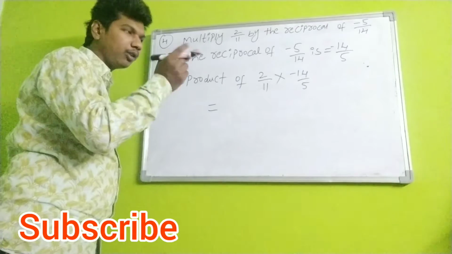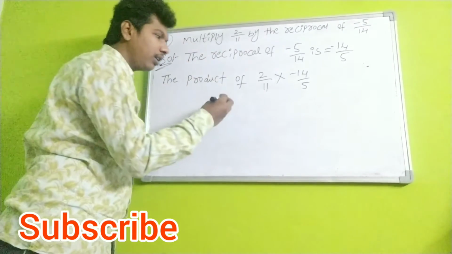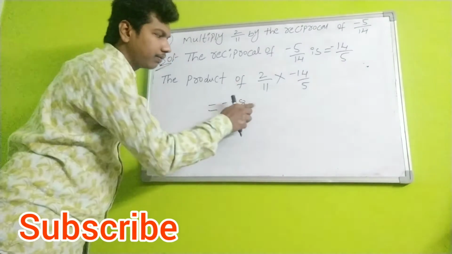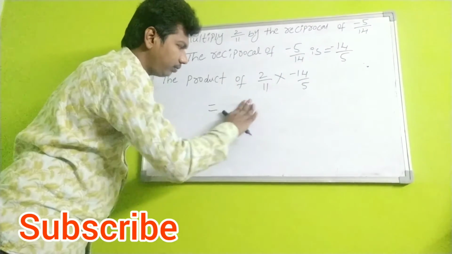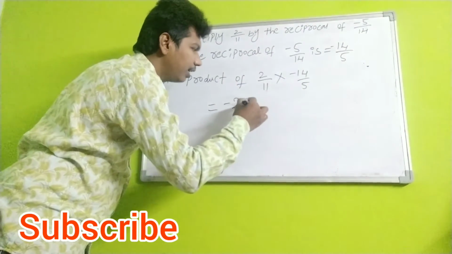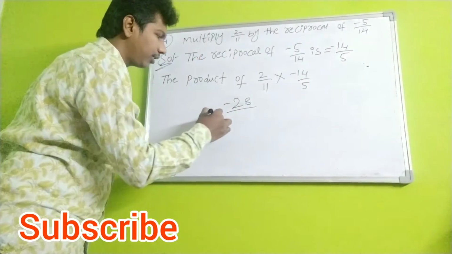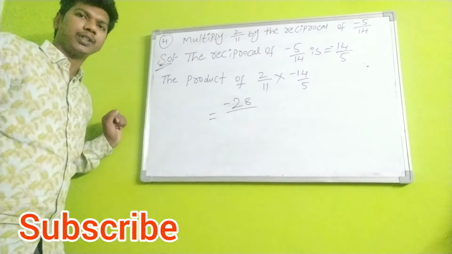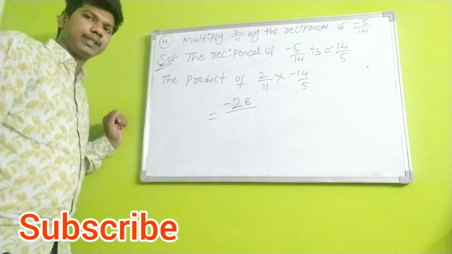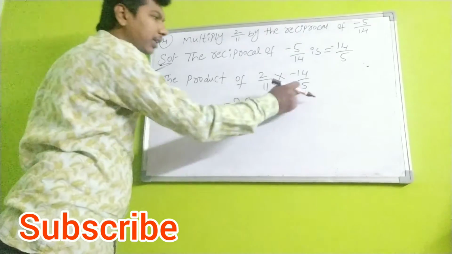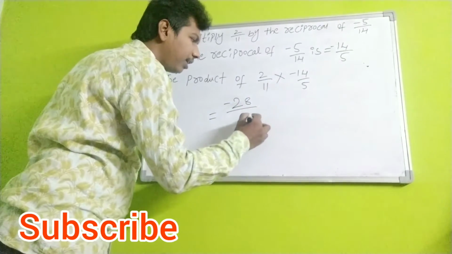Now multiply numerators first: 14 times 2 is 28, the minus symbol is there, put minus as it is. So minus 28 divided by the denominators: the first denominator, of the first fraction, is 11 and the second denominator, of the second fraction, is 5. Now multiply 11 times 5 is 55. This is the final solution, students.